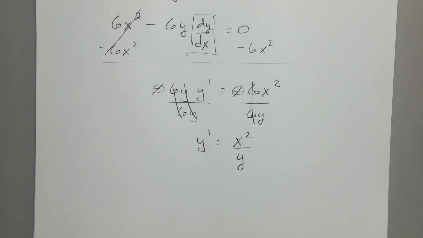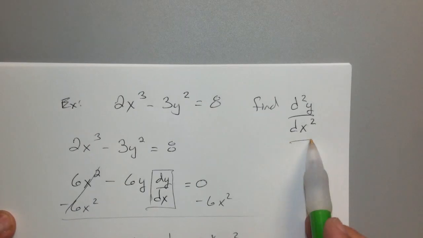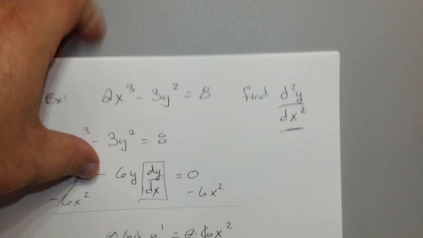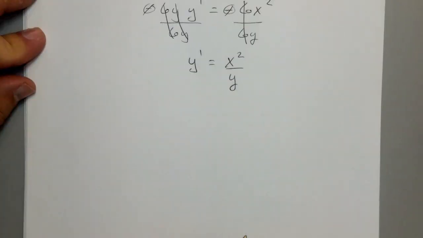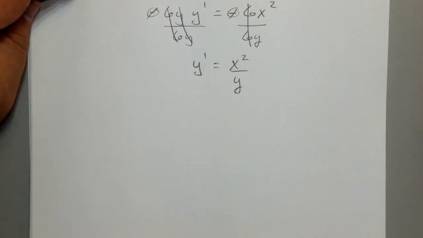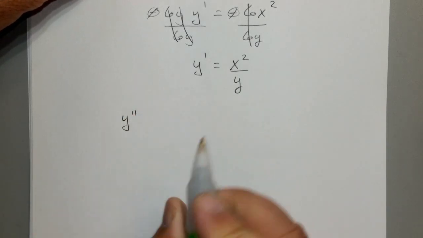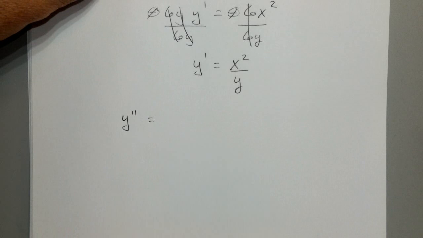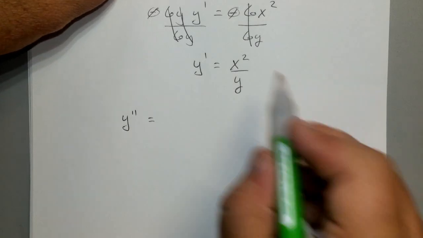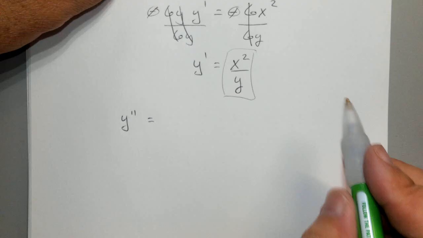Now what do you do? Do it again. We got to do the quotient rule.